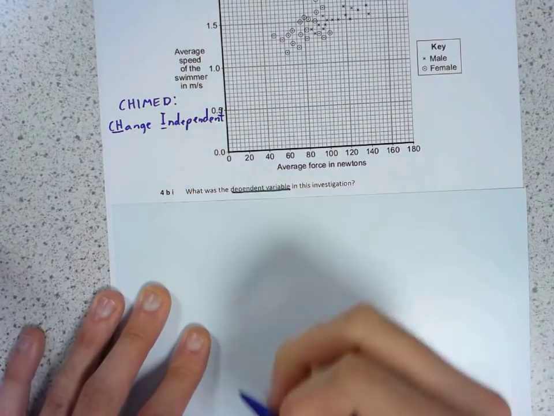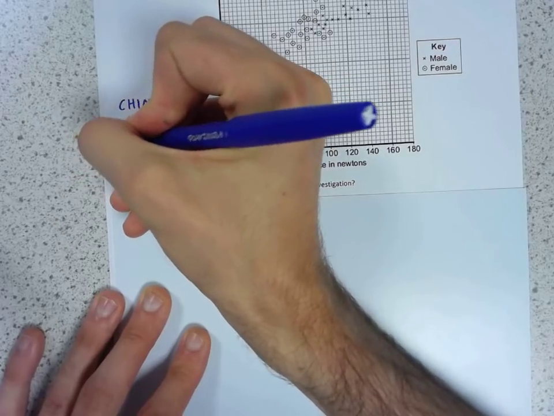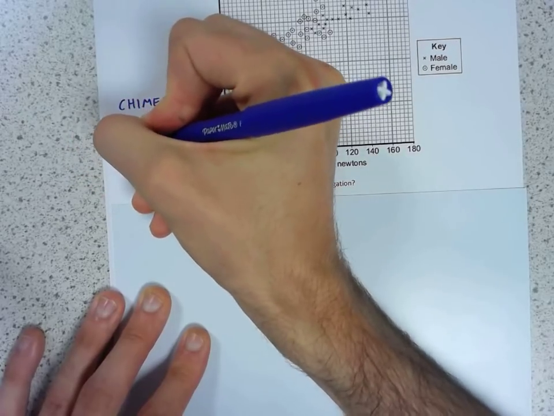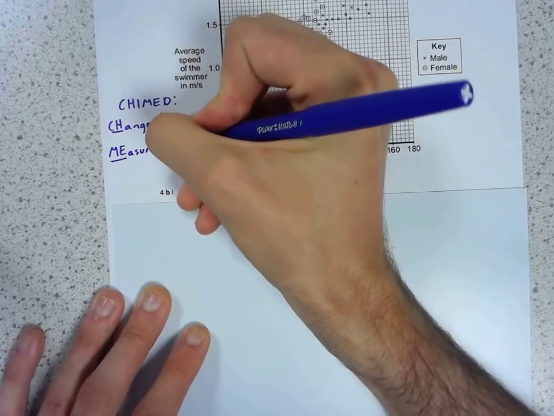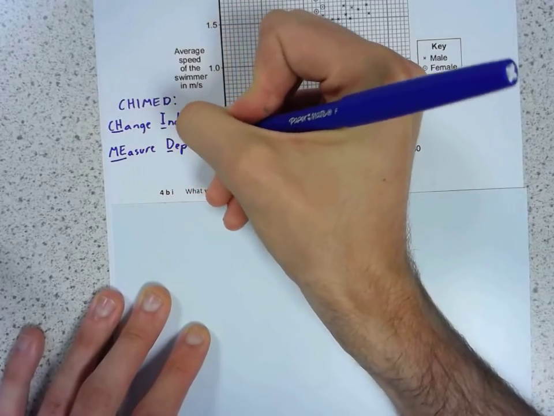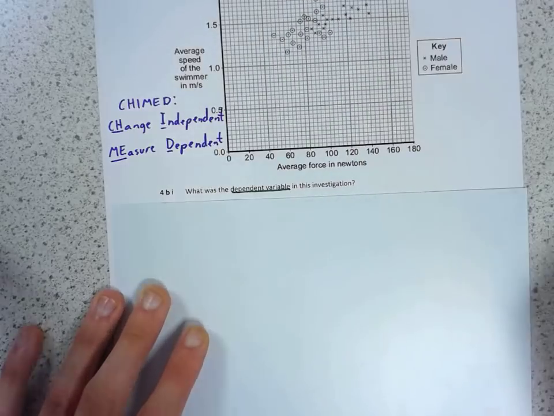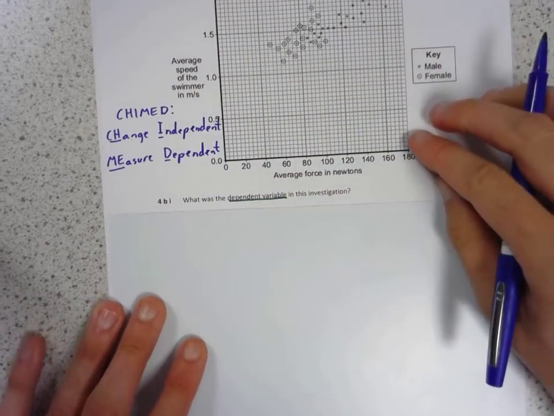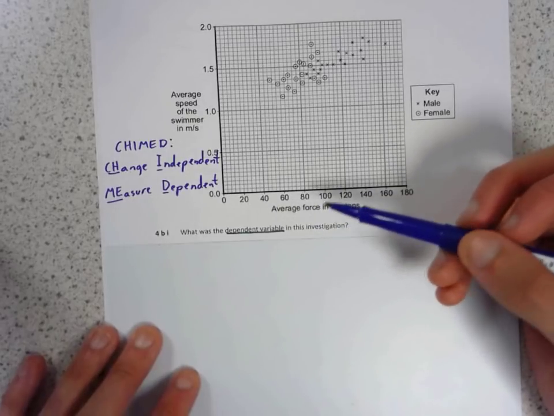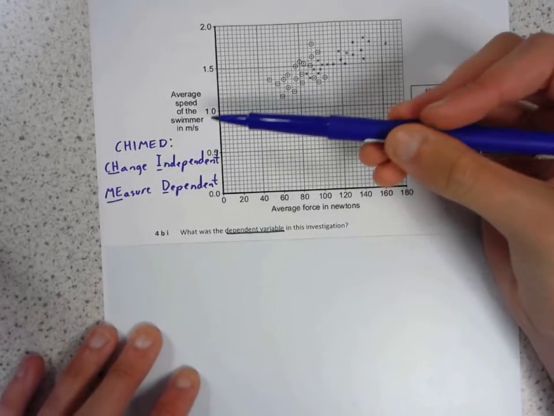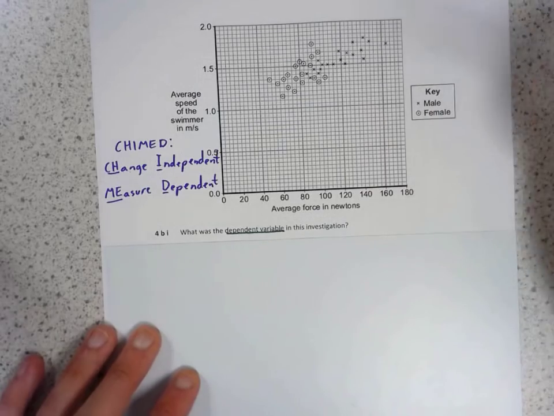So we change our independent variable, we measure the dependent variable. So in this experiment, we're changing the force from the hand of the swimmer, and we're going to measure the average speed of the swimmer in meters per second.